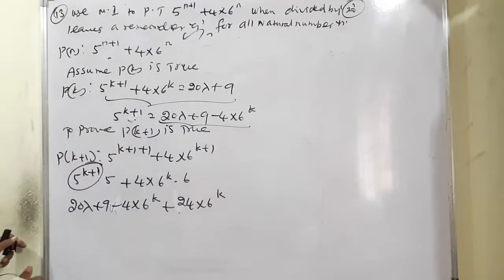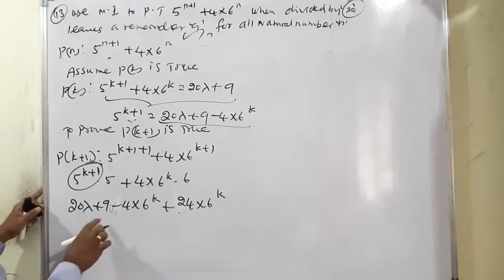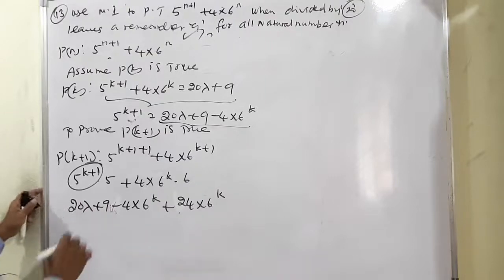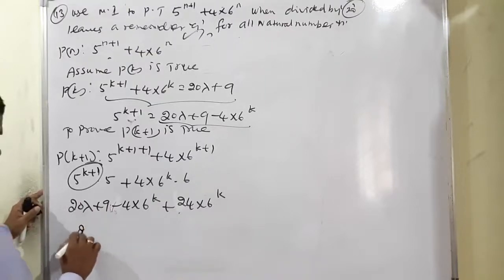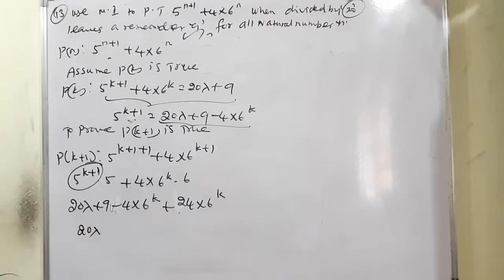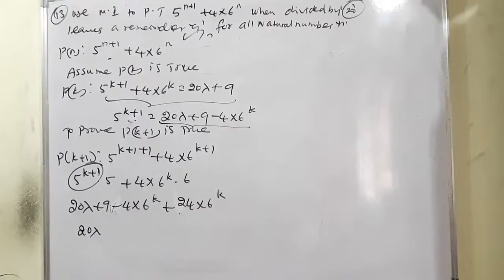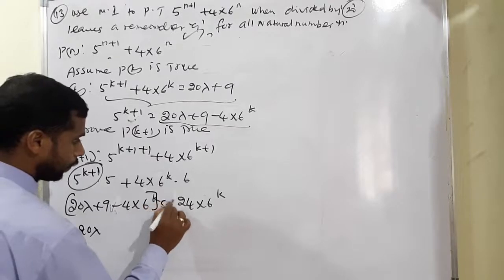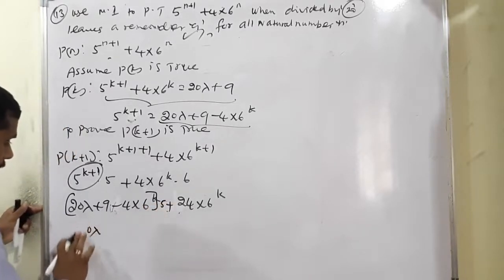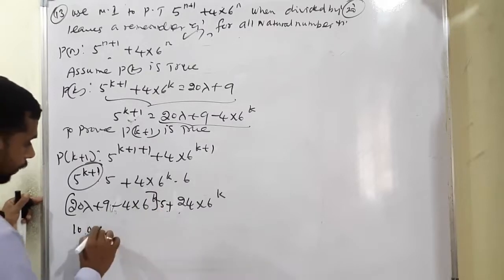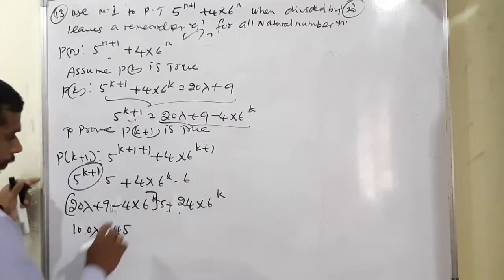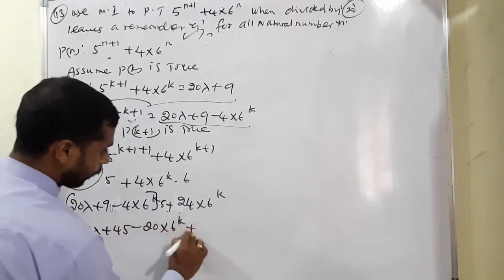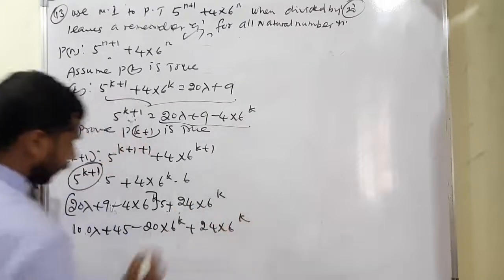So next what we have to do, 20 lambda minus 4 into 6 to the power k is there, isn't it? So 20 lambda, there is actually outside one 5 is there, no? 5 into 20 means we can write it 100 lambda plus 9 into 5 means plus 45, then minus 4 into 20 means minus 20 into 6 to the power k plus 24 into 6 to the power k.